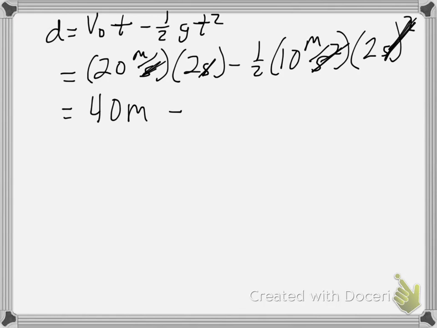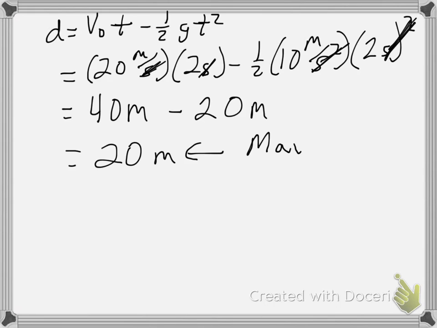And we said this was going to be 20 meters. So it will have gone up a total distance of 20 meters. Because this is the point where the velocity is 0, 20 meters is the maximum height.